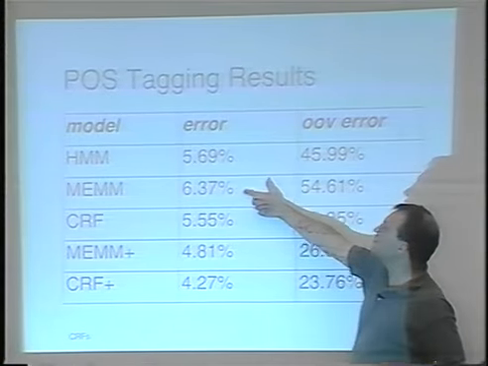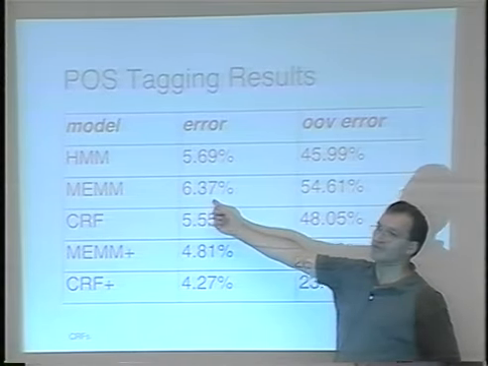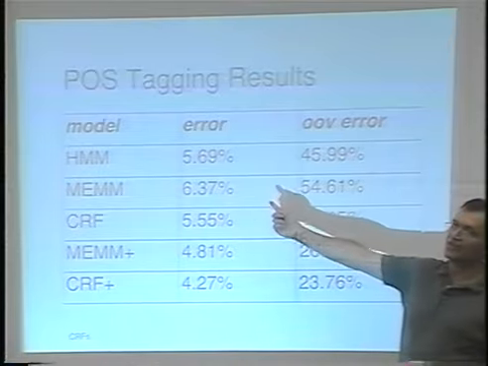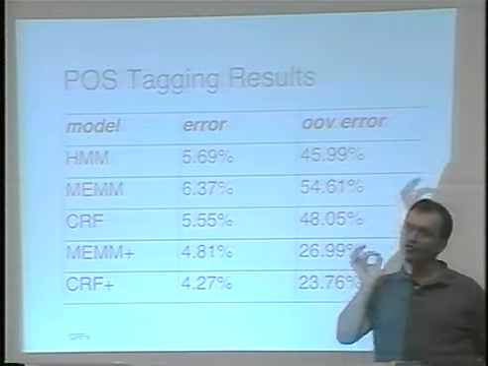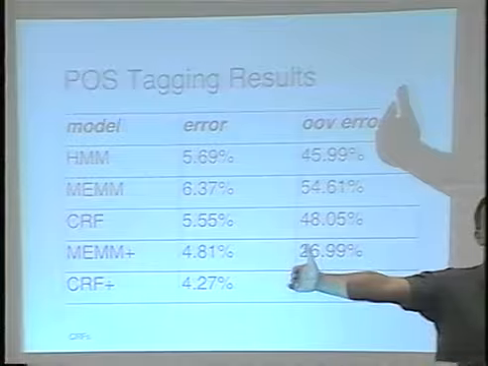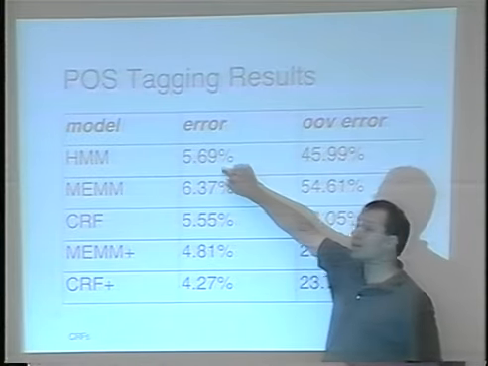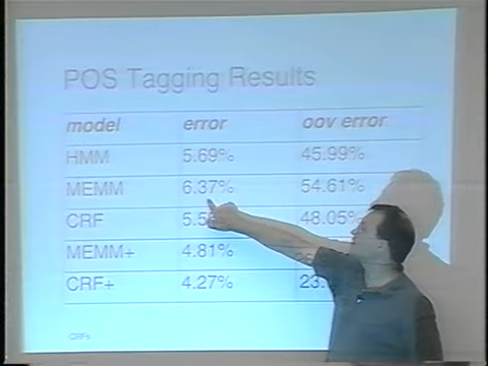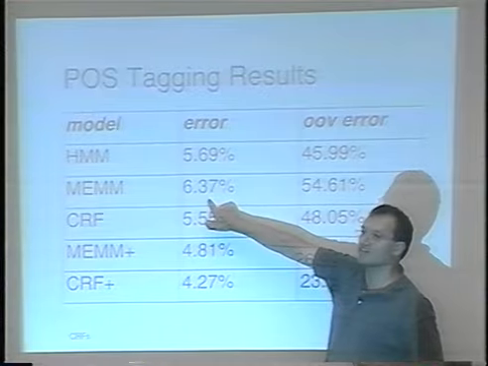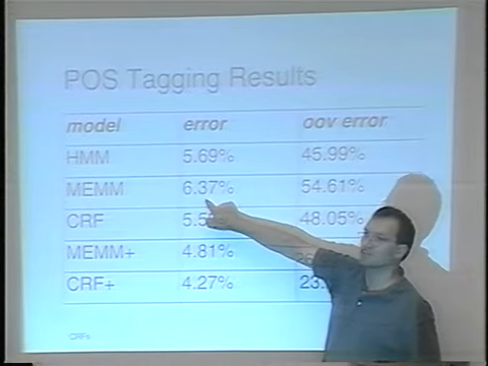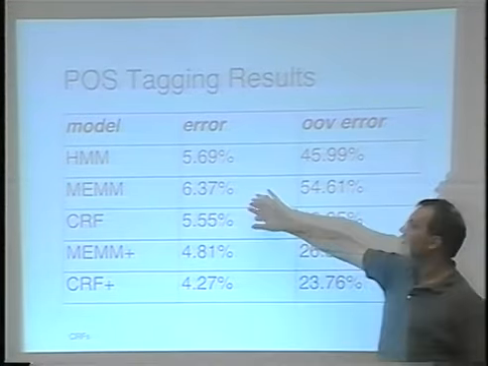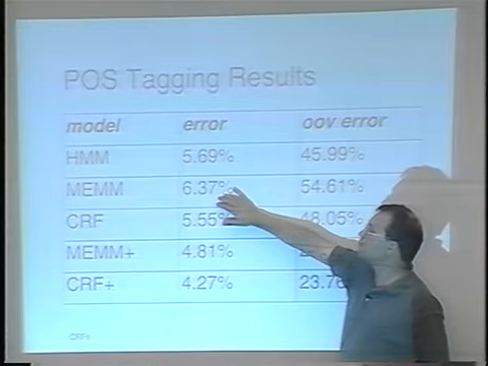Now, one thing to note is the MEMM performs worse. This is not so surprising because, since this model is so simple, you're not looking in the future at all in the MEMM, whereas the HMM can see the future. So this is evidence that even for part-of-speech tagging, at least with a simple tagger, this label bias problem really hurts.